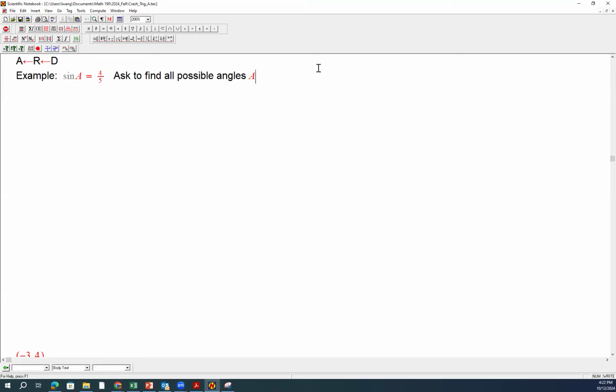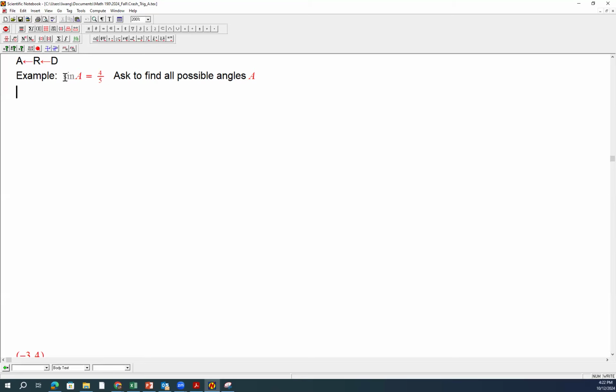What do we do about this? Obviously, we're going to have to represent all these different angles, because we're not going to stop until we find all possible solutions. In this kind of question, we will have to ask, what are the terminals that will cause sine of A to equal 4/5?